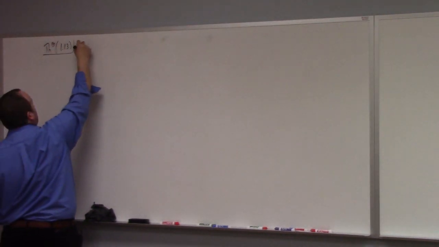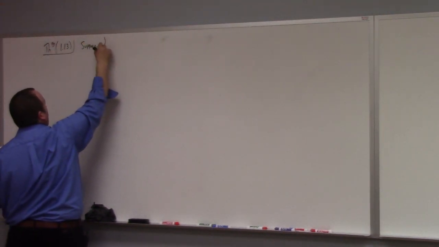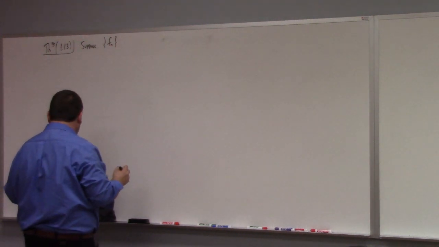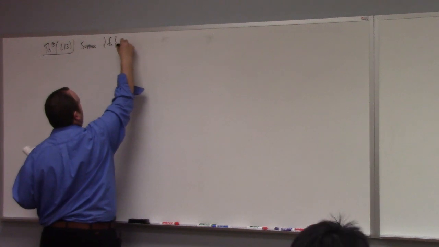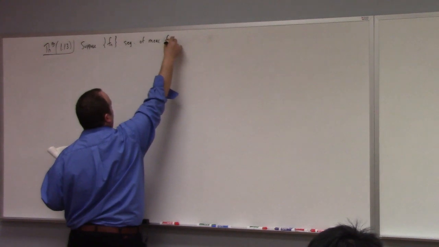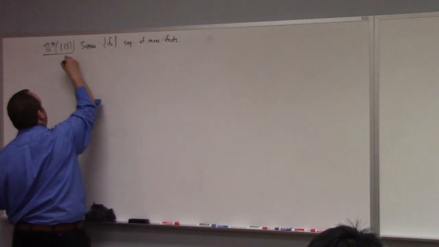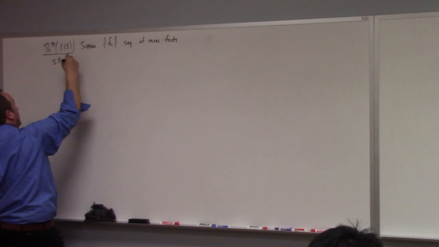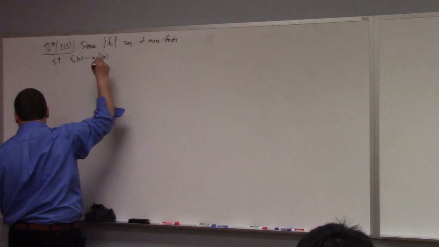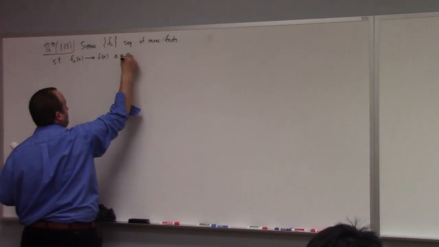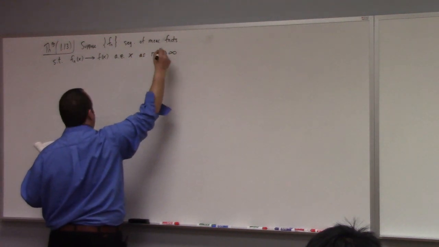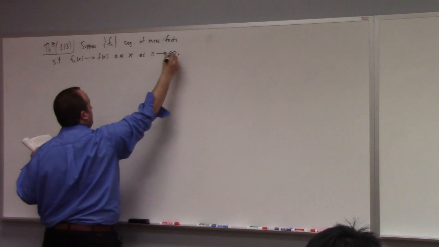It says, suppose Fn is a sequence of measurable functions such that Fn of x goes to f of x almost everywhere in x as n tends to infinity.